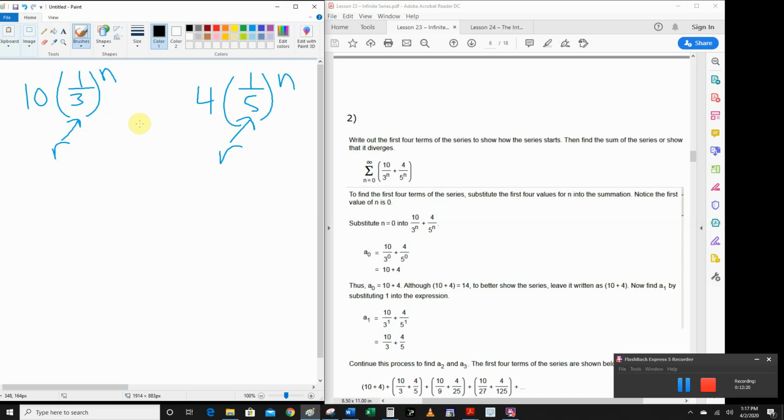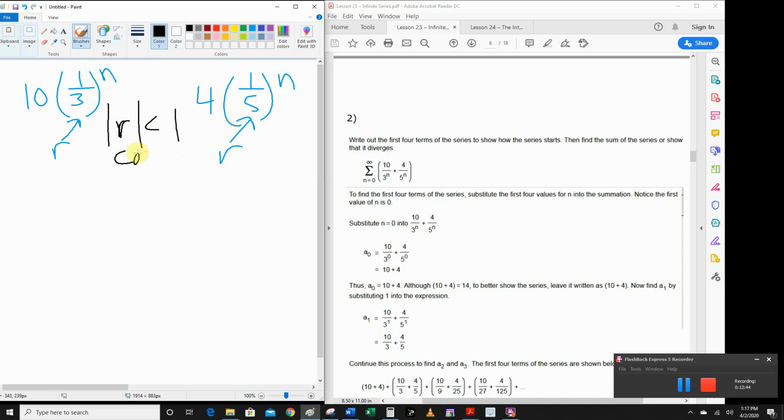Now both ratios satisfy the condition for convergence, because 1/3 is less than 1, that's true, and 1/5 is less than 1 is also true.